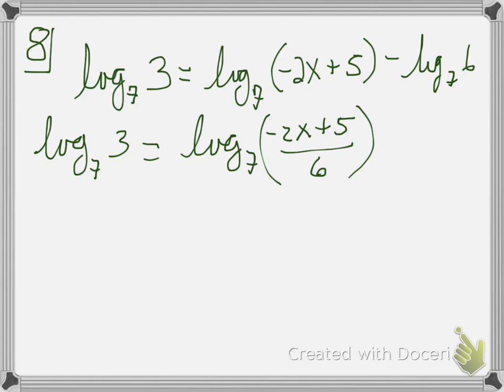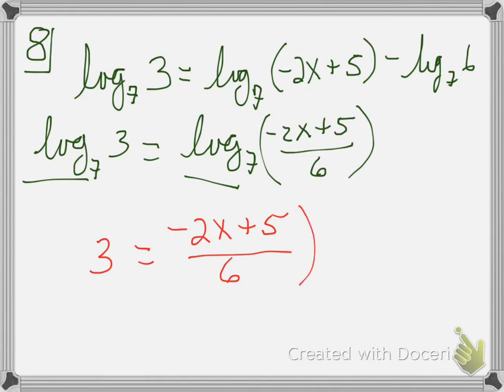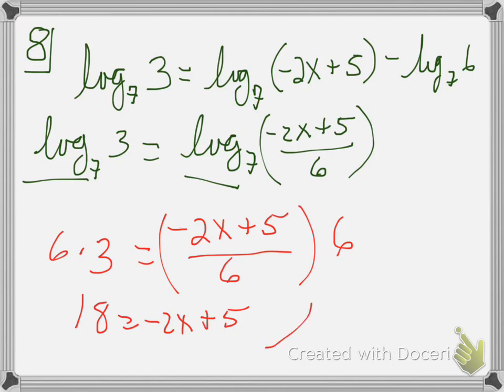So log base 7 on the left, log base 7 on the right, tells me that 3 is equal to negative 2x plus 5 over 6. Now let's multiply each side by 6. 18 equals negative 2x plus 5. So that tells me then that 13 equals negative 2x. So x equals negative 13 over 2, which would be negative 6.5 if you like.